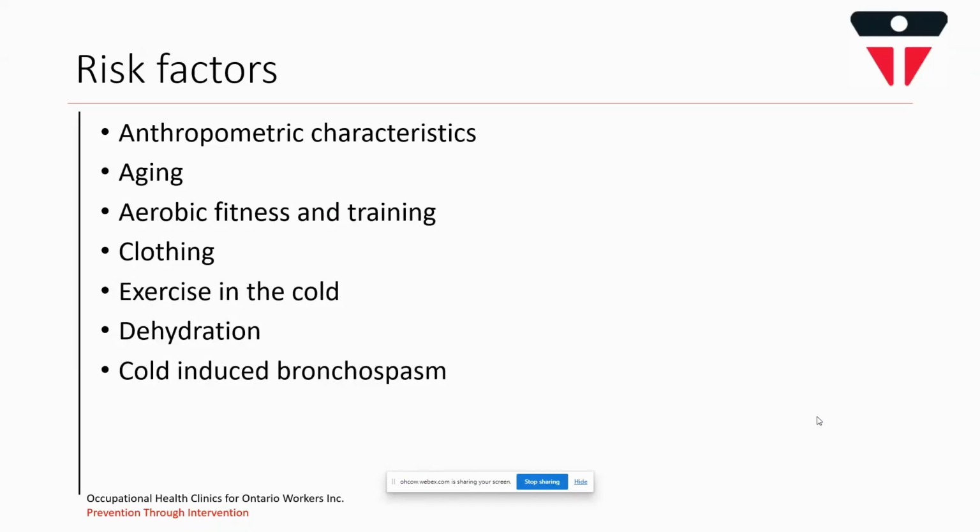Usually it is differentiated by sex. Females have less body mass to surface area ratio, and they're more prone to cold stress, but not always. So that's why I didn't mention sex here. It's just the ratio of body mass to surface area. So these risk factors, if one keeps them in mind when doing risk assessment, would be helpful.